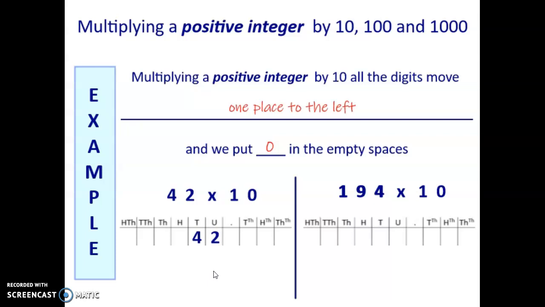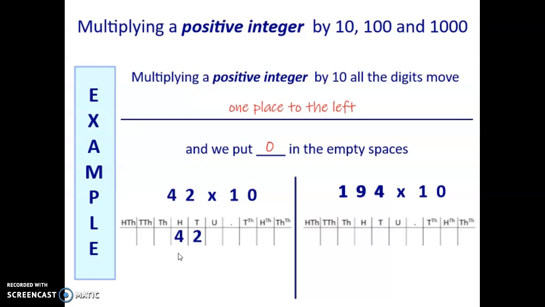If I multiply by 10, the rule says all the digits move one place to the left. So I'm going to move that 4 and that 2 one place to the left, making them bigger. The 4 is now under the hundreds, the 2 is now under the tens, but I don't have anything under the units.